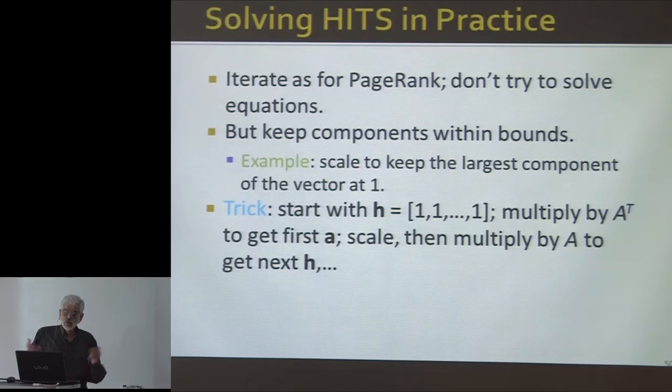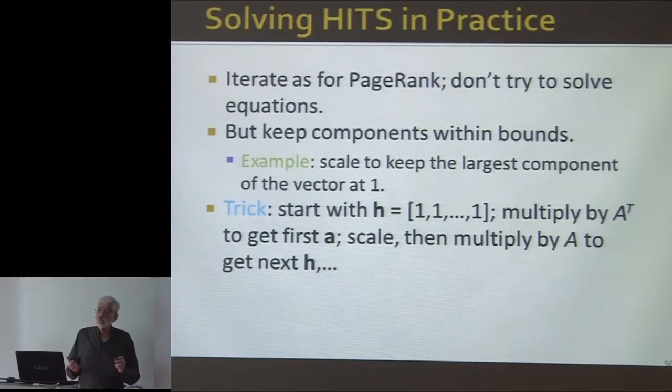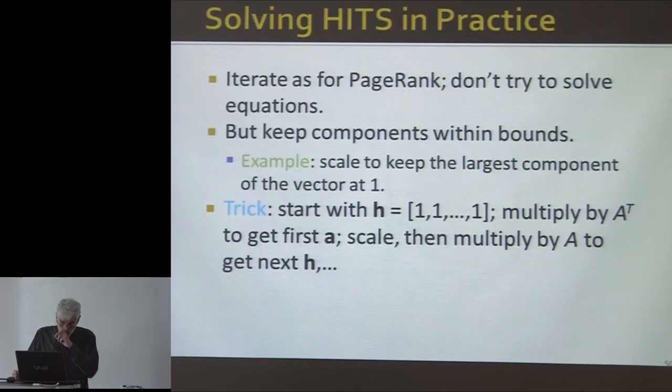But so, let's say if I want to compute the hubbiness, by the way, first, if I compute the hubbiness, then it's very easy to compute the authority by one more multiplication of a matrix, because again, the H and A are related by multiplication of either A or A transpose. So let's say I want to converge to the hubbiness, I start with hubbiness 1. I multiply by A transpose, which, by the way, gets me the first estimate of authority.